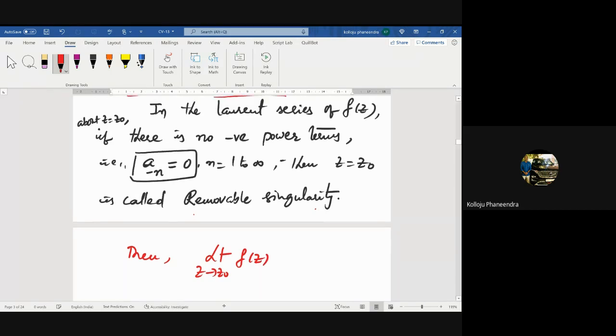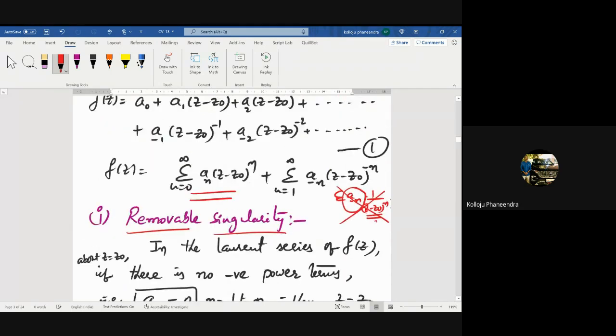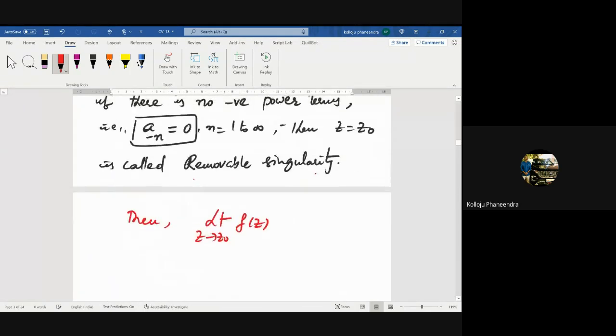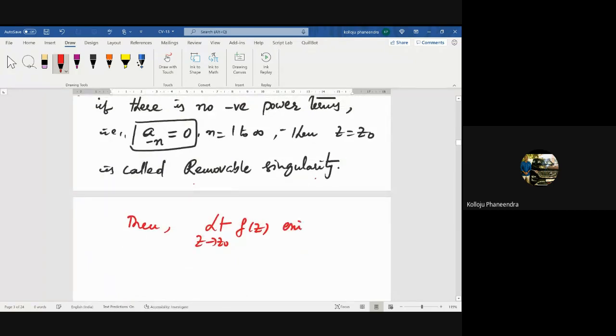See, if I apply the limit for this function as z tends to z naught, what will you get? These negative terms are not there, only positive terms are there. As z tends to z naught, you will get only a constant value. That is, then the limit as z tends to z naught exists.